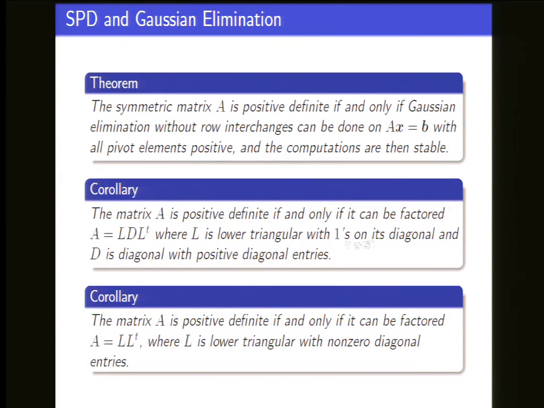Now, following up, since you have positive diagonal elements, you can pull out a D, which is a diagonal matrix. This is a new factorization that is quite common, and you have probably seen the last one, called the Cholesky factorization, but let's stay on this middle one and see how we can do that. So what it's claiming is that if it is positive definite, then you're able to do LU.